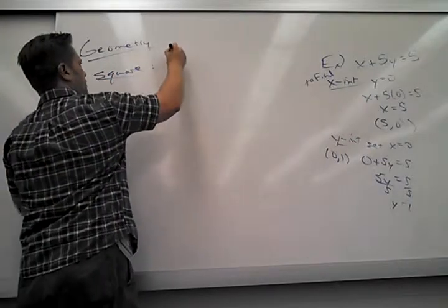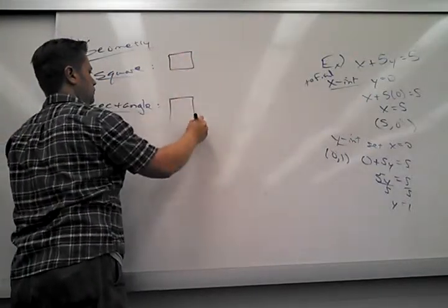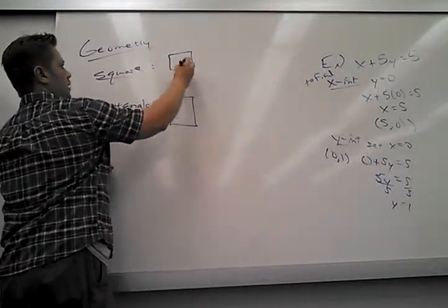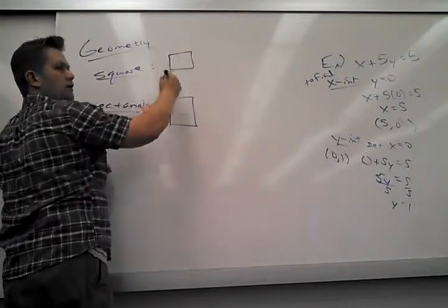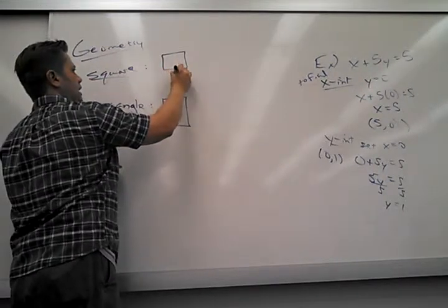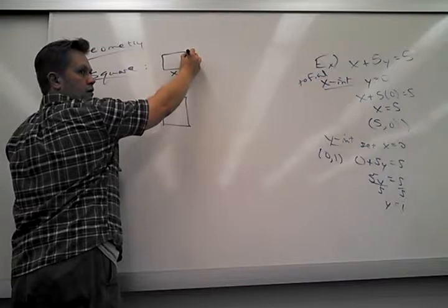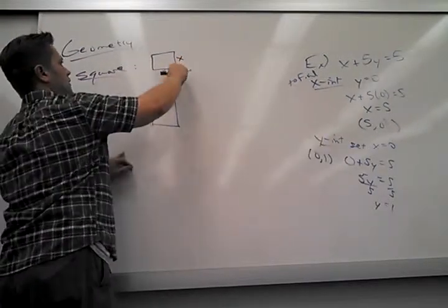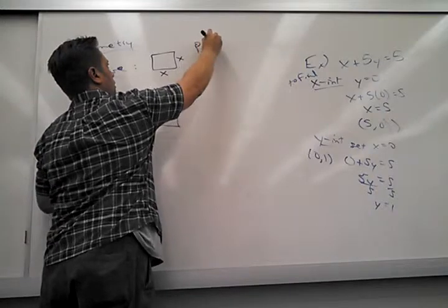But a square and a rectangle in general. A square would have what defining quality about all the sides? They're all the same size. So if this was X, this has got to be X. So what's the perimeter?